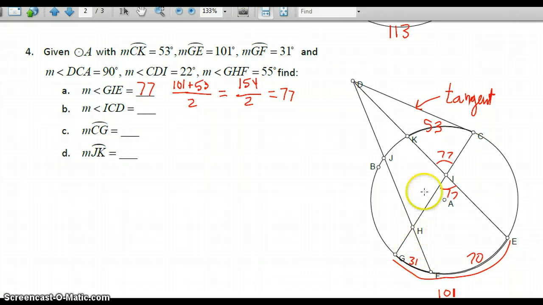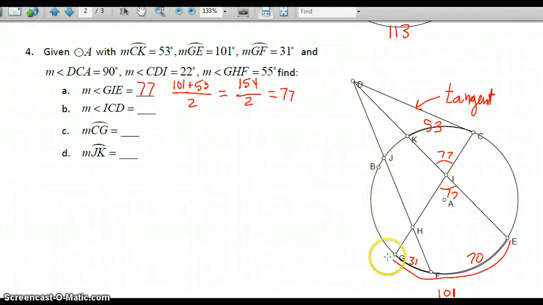ICD. Where's I to C to D. All right, that's the one that's not 90 degrees. Well, I know this is 77. I kind of want to say, well, this angle here is half of this arc here. Can I find this arc? Not sure. Maybe I can't.